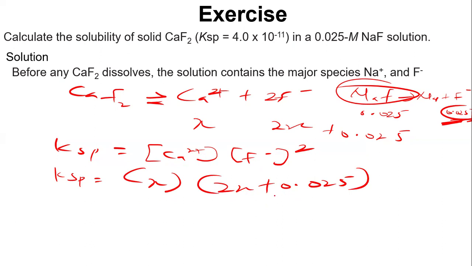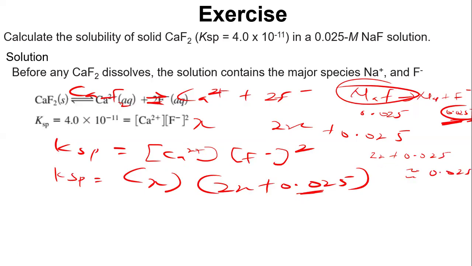So when you add the solubility plus this number, you still get approximately the same number. So we say that 2x plus 0.025 is approximately 0.025 because x is a very small number compared to the concentration here. And so the KSP will now be simplified to x multiplying 0.025, right?